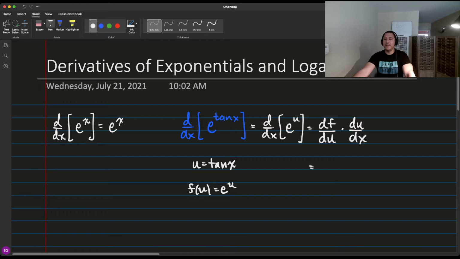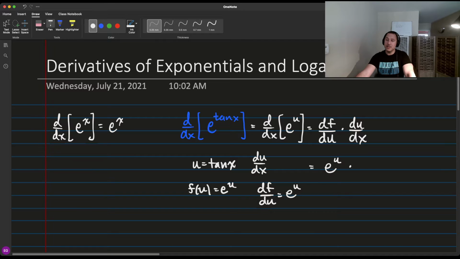So if your f of u is e to the u, what is the derivative with respect to u? Well, we just learned that the derivative of e to the x is e to the x. So the derivative of f with respect to u is just e to the u. Now you have to multiply that by the derivative of u with respect to x.